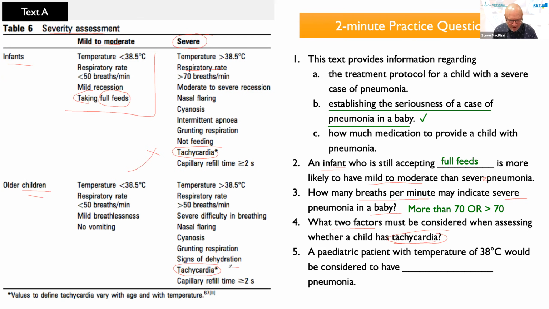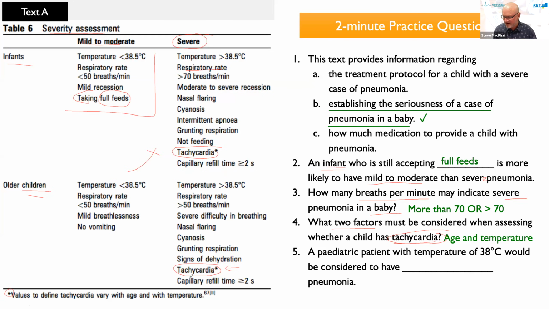What does this little asterisk mean here? Then I look down here. Remember, when you see an asterisk, it's like a note. Check the bottom of your text. Some of the answers can come from there. I can see answers coming in. Age and temperature. Correct.